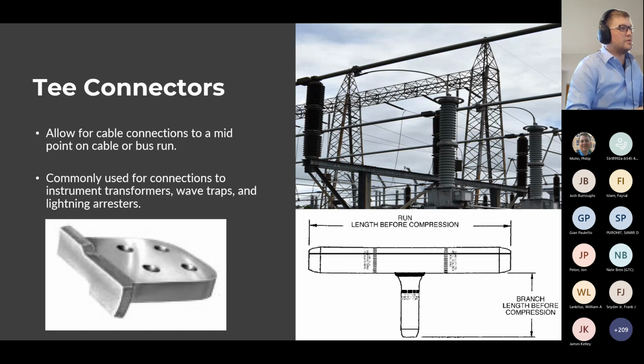Now, if we go to another style, which is the T connectors, this example here would be one where you take a four-hole pad and you would just weld it onto this bus. This picture on the top right has an example of a bolted style T connector. And this is an example for underground, in the bottom right-hand corner, which would be for the ground grid.